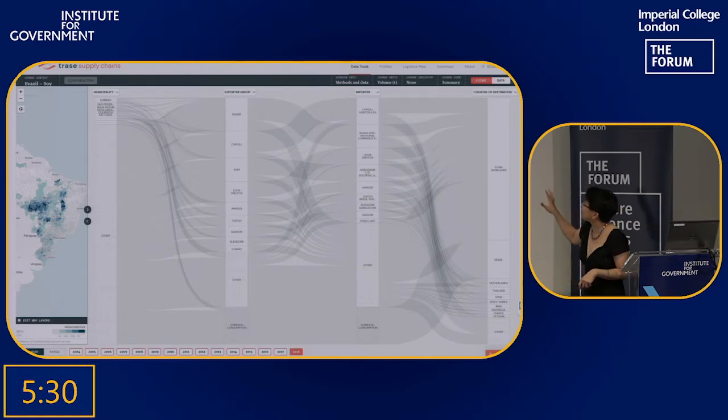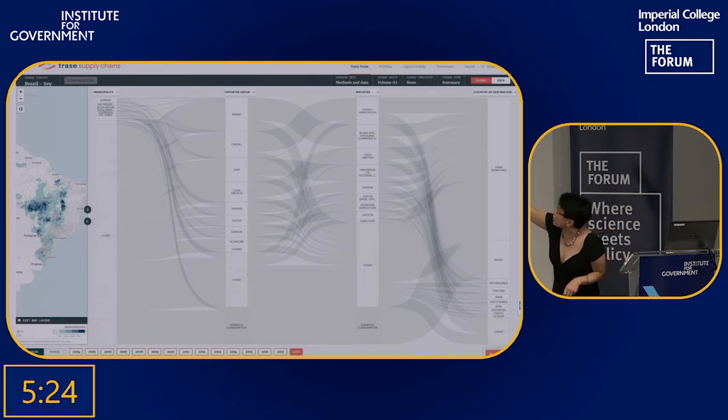So this is a Sankey flow. It's one of our signature data visualizations. And what you can see is that if you look at, for instance, let's say the production of soy in a country like Brazil in a given year, what we can do is trace the production and the deforestation impact of that production in specific regions of production.